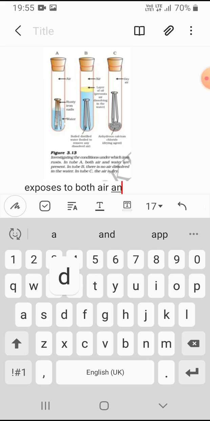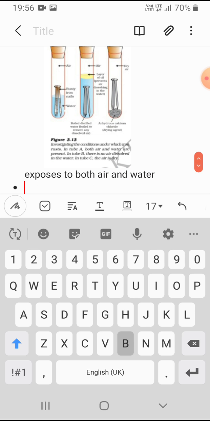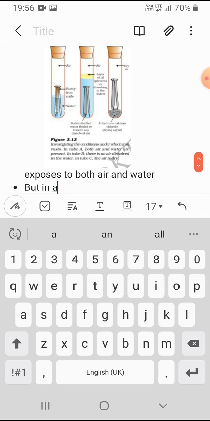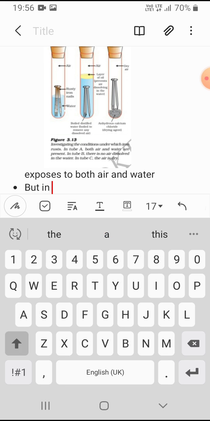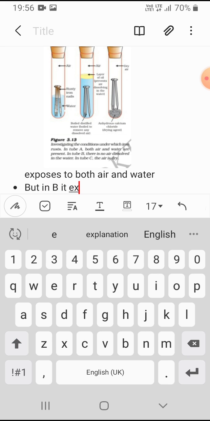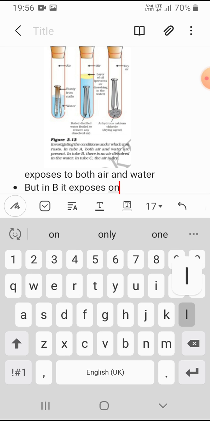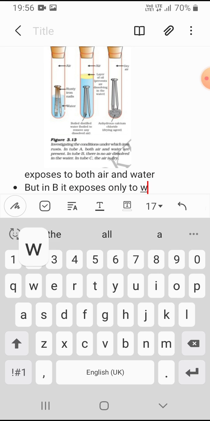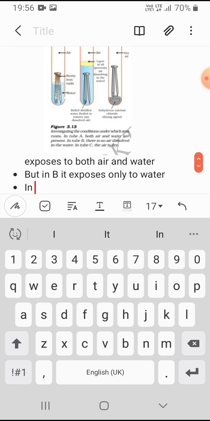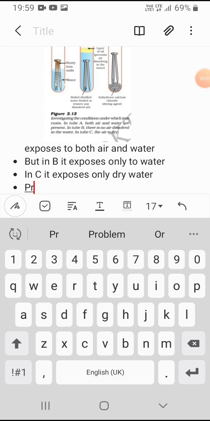Here you can see air and water. But in B it is exposed only to water, and in C it is exposed only to air.